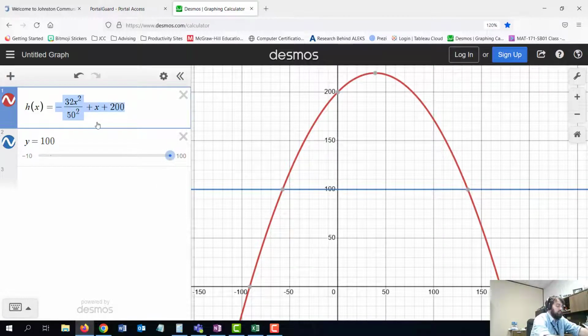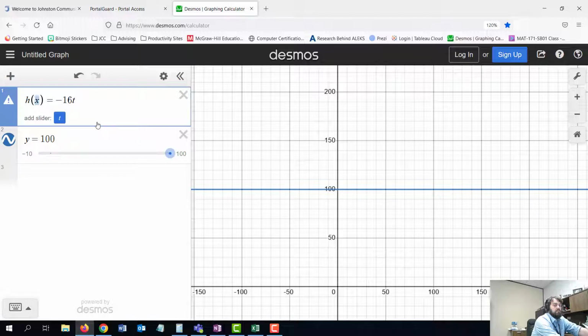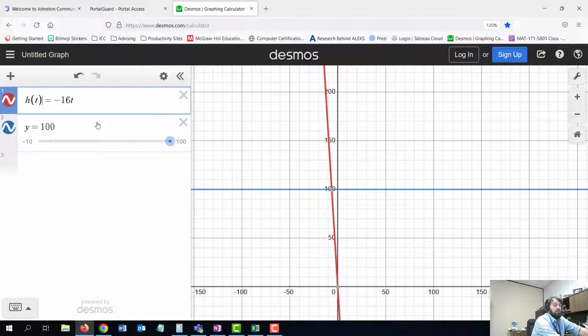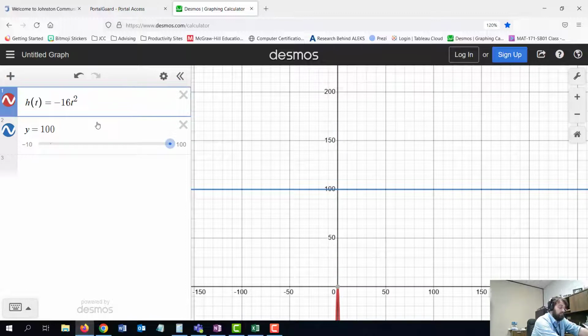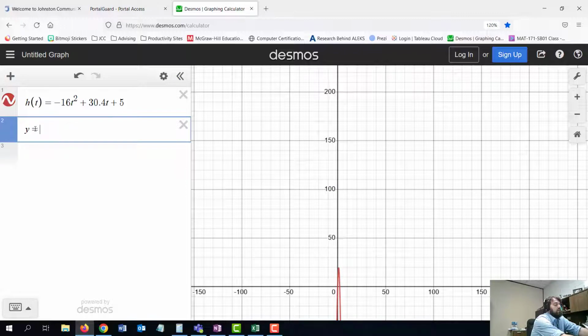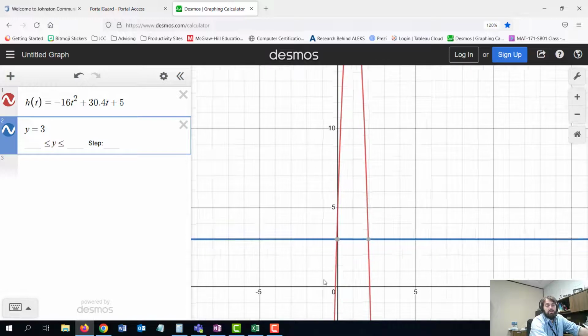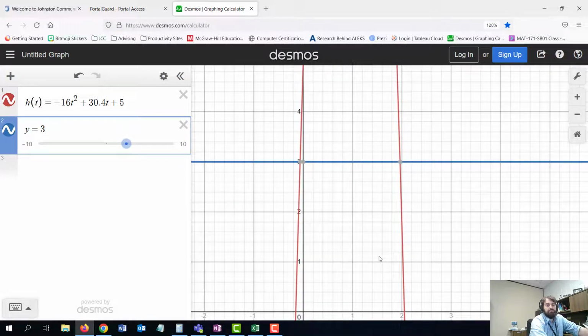My function here is negative 16t squared plus 30.4t plus 5. And then when is this 3? And if we zoom in, it happens twice.